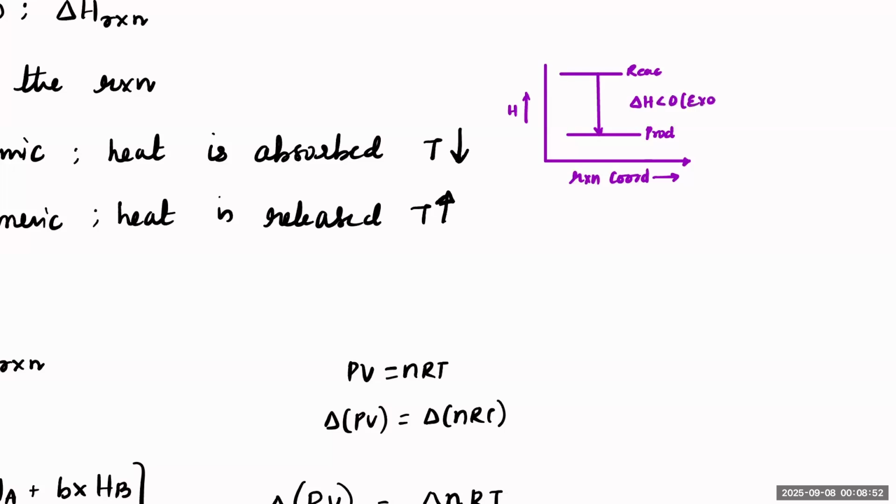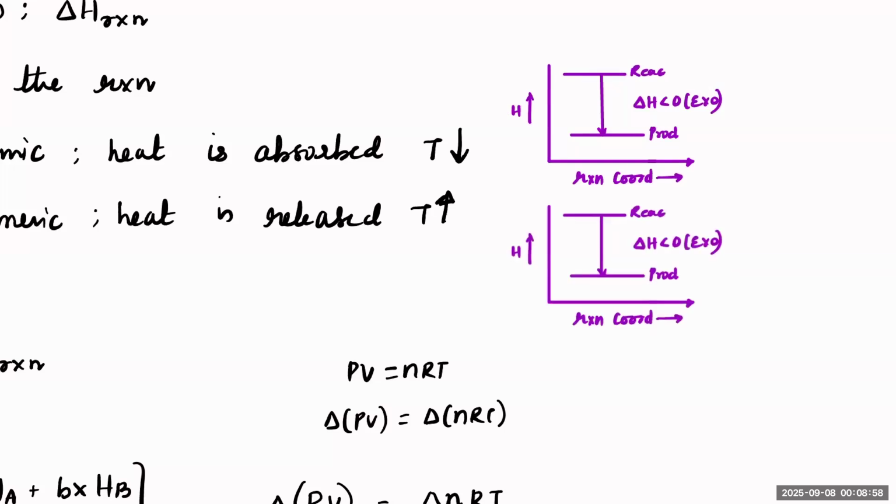Similarly, if we have a similar kind of graph wherein this is the reactant and the above one is the product, and delta H is greater than 0, then it is an endothermic reaction. So graphically you need to understand how reactant to product is changing. Clear?